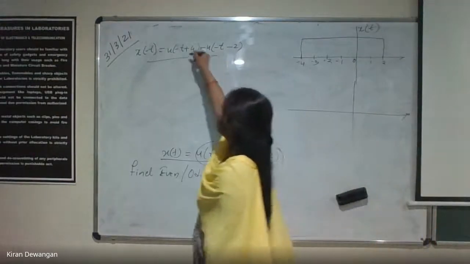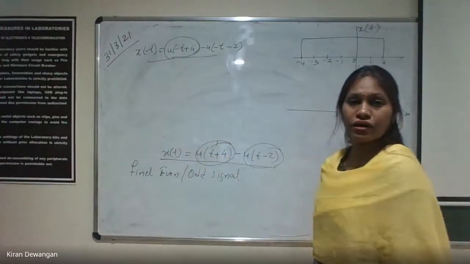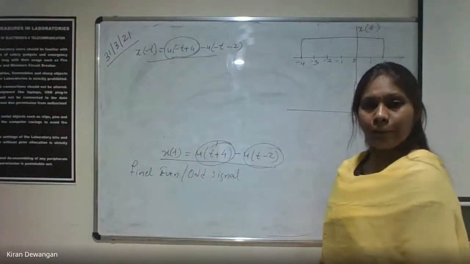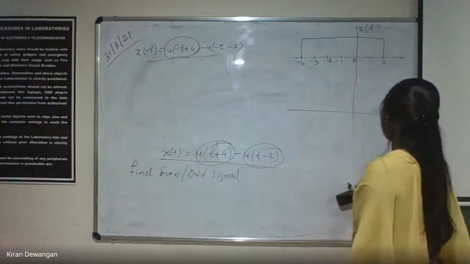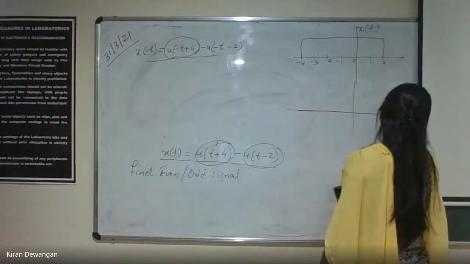If it is u of minus t plus 4, तो ये कैसा प्लॉट होगा? Minus t plus 4. Yes, anyone? What kind of plot it is? From where it will start and in which direction it will go?